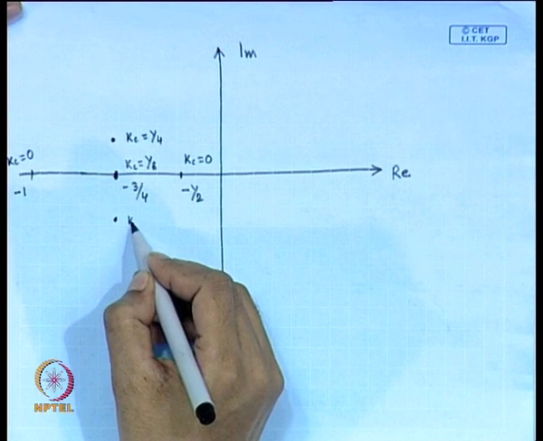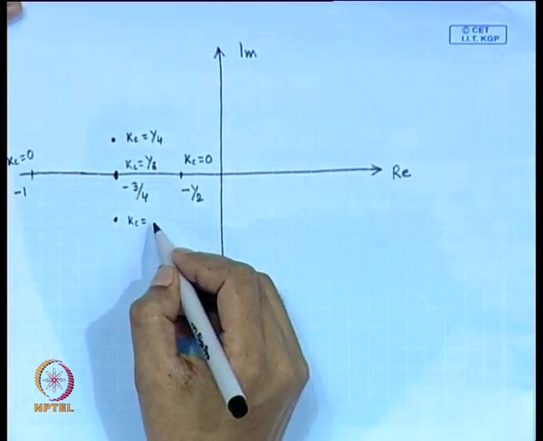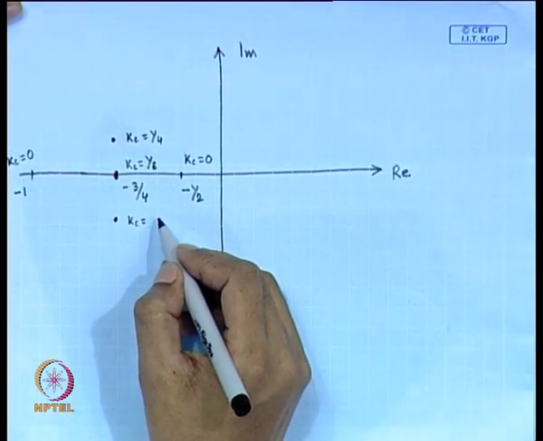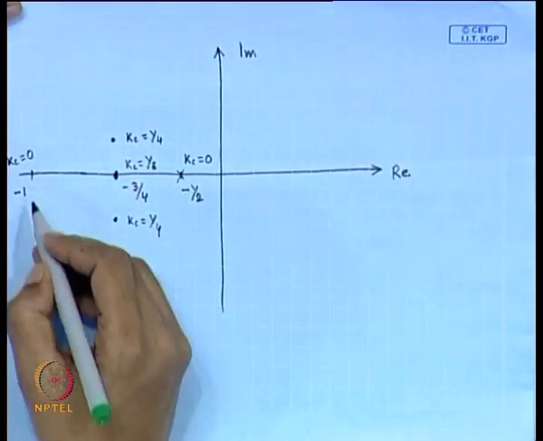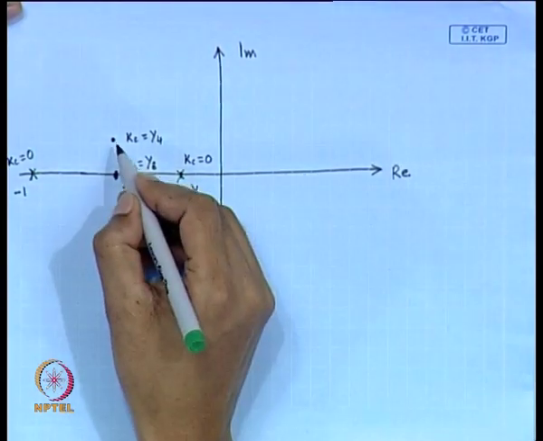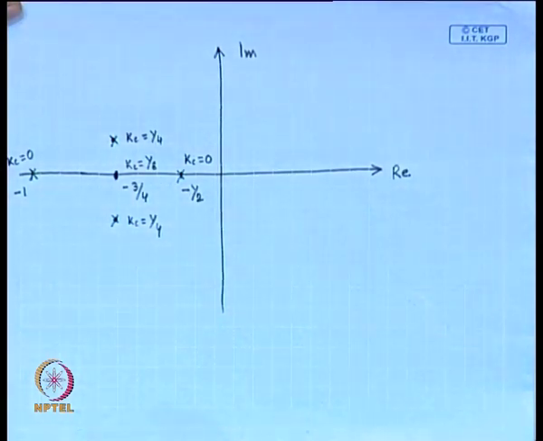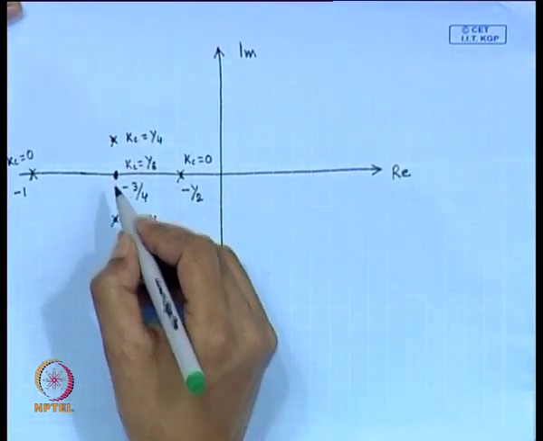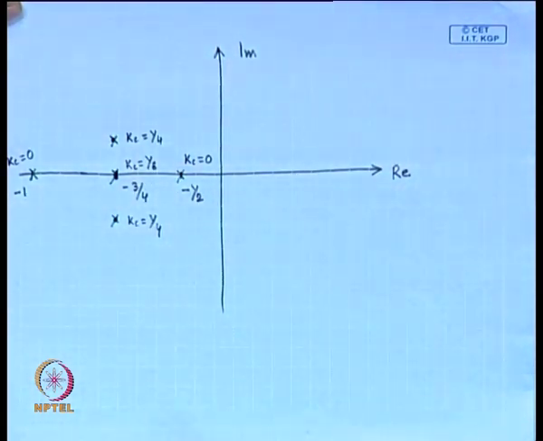This is also what we got when Kc equals 1/4. So, these 2 points we obtained when Kc equals 0. These 2 points we obtain when Kc equals 1/4. The single root we obtain when Kc equals 1/8.